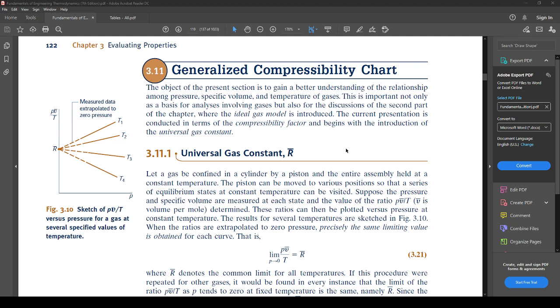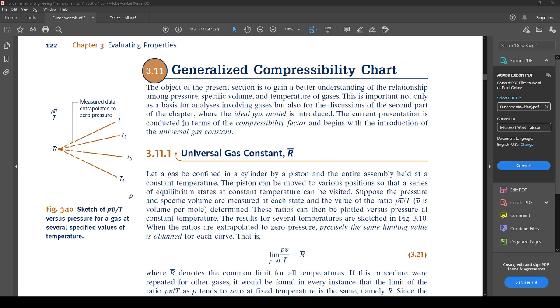So it says the object of the present section is to gain a better understanding of the relationship among pressure, specific volume, and temperature of gases. This is important not only as a basis for analysis involving gases, but also for the discussions of the second part of the chapter, where the ideal gas model is introduced.